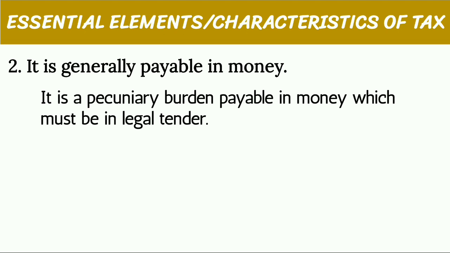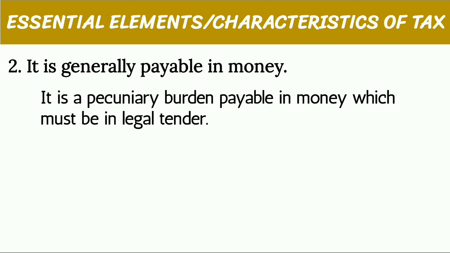However, ang sabi dito ay generally. So, ibig sabihin, there are instances na pwedeng bayaran ang tax not in the form of money. For example, insolvent na yung taxpayer. Wala na talaga siyang pera. Ang natitira na lang sa kanya ay bahay at lupa. So, pwedeng kunin ng gobyerno yung bahay at lupa.